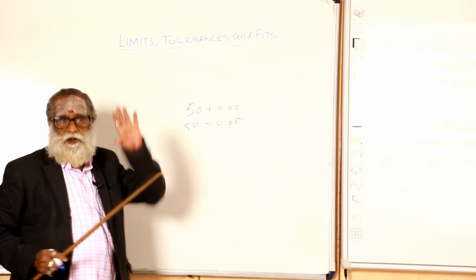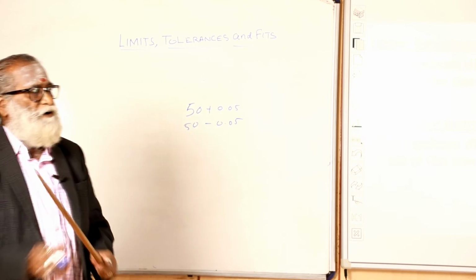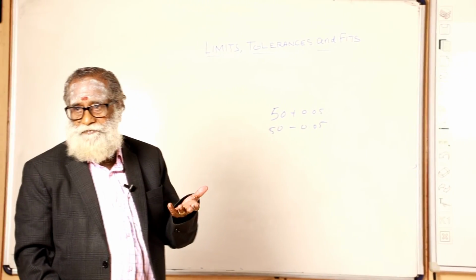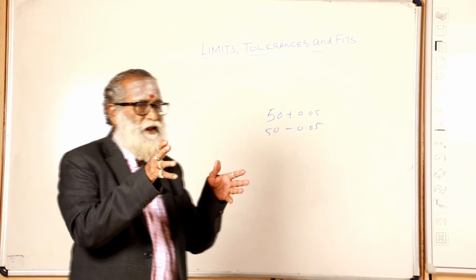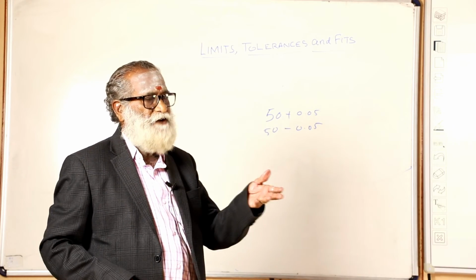So, your worker can prepare within a range of plus 0.05 or minus 0.05. That is our topic today: what is the limit, and why it is required in mass production.